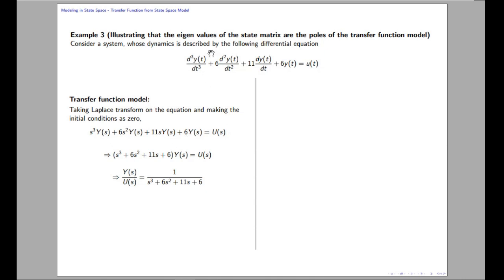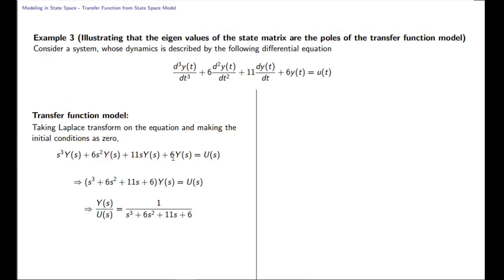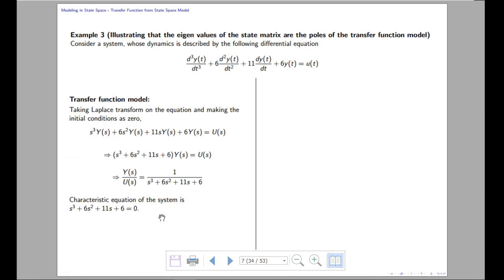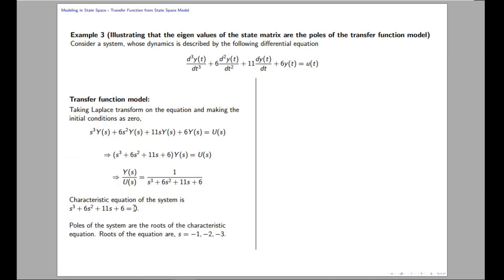So this is a third order differential equation, and I got a third order characteristic polynomial here. So the characteristic equation is the characteristic polynomial, which is nothing but the denominator of the transfer function equated to 0. Now the poles of the system are nothing but the roots of the characteristic equation.